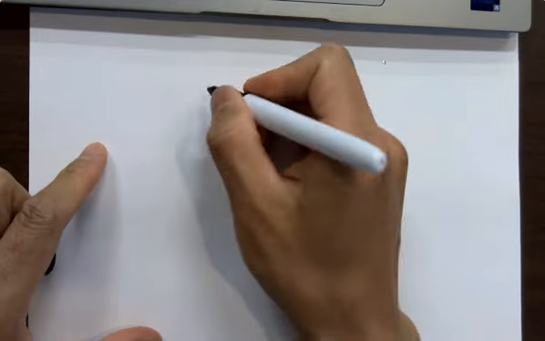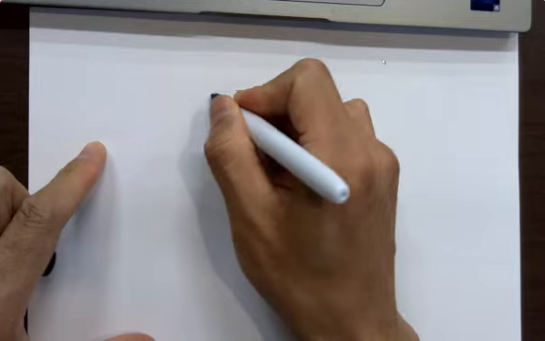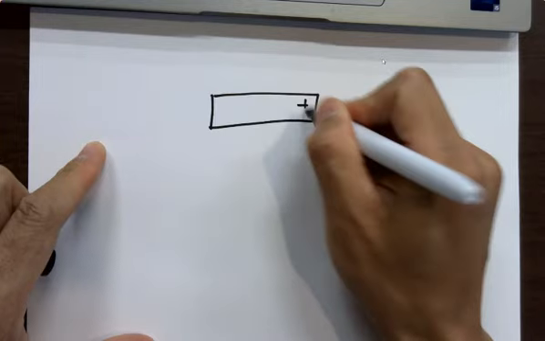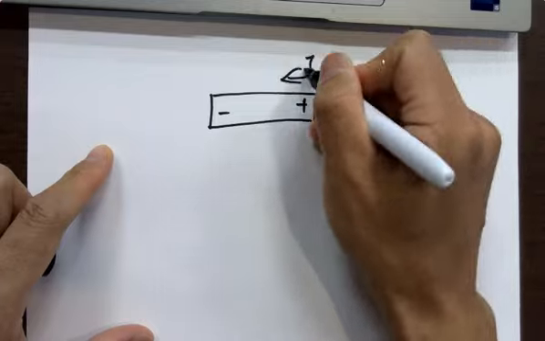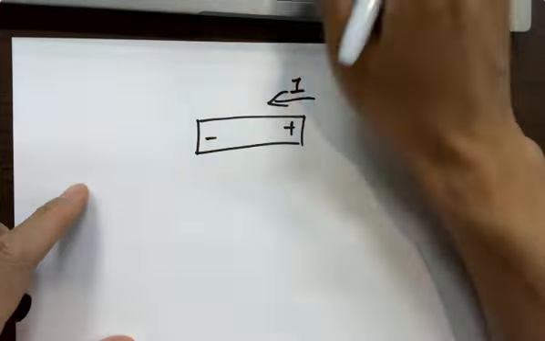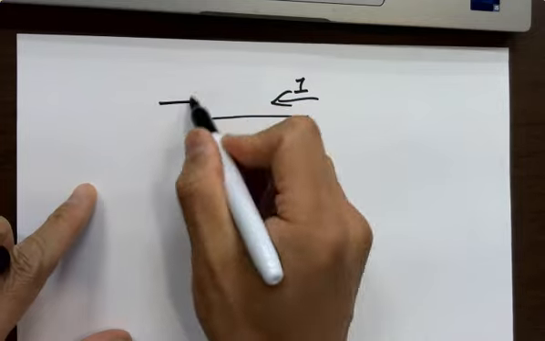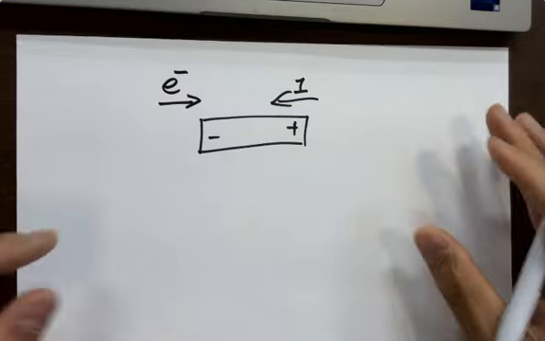So for example, I think that's homework 1. Current goes that direction, so electrons go the other way, right?